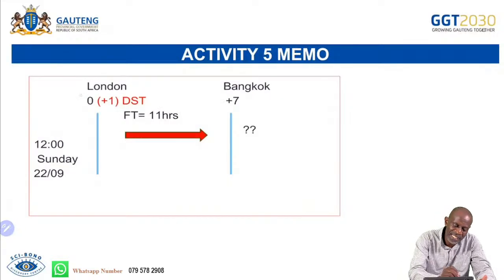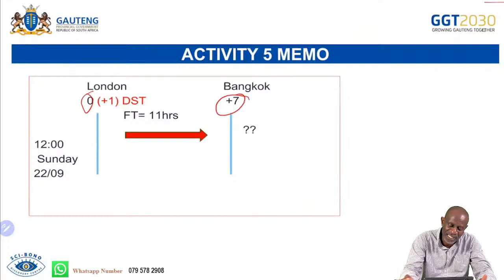So London is at +0. This is the first step, and Bangkok is at +7. So we have managed to get the different time zones for the two cities. The given time is that of London, which is 12, and that was when the flight departed.